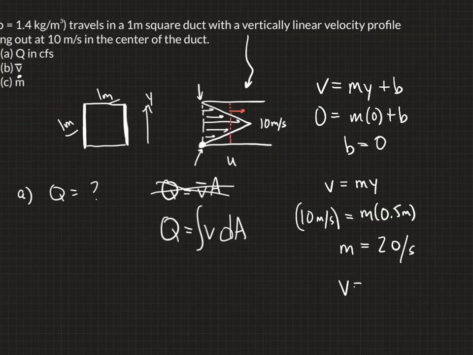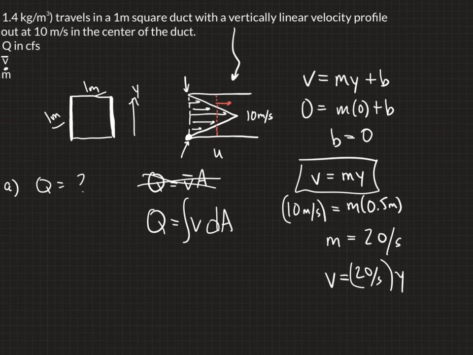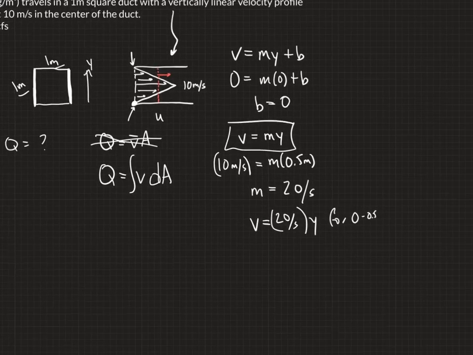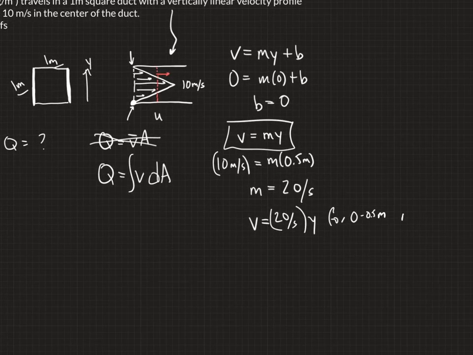So I can say that the velocity, going back to this equation and plugging that in, is v equals 20 per second times y. And that's for 0 to 0.5 meters in y.